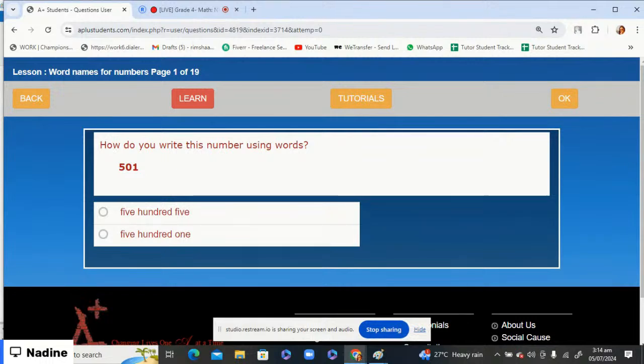What is this one? 501. So what is the spelling? The first option is 505 and the second option is 501. So which option is right? Which option is right? Everyone tell me in the chat. Good. Very well done.